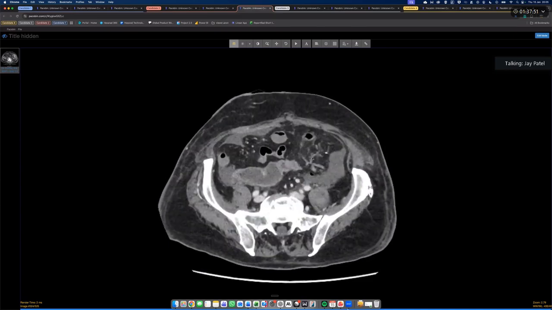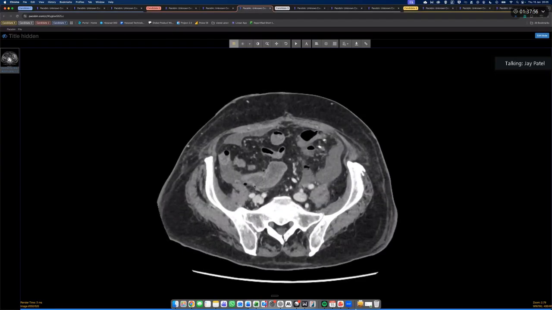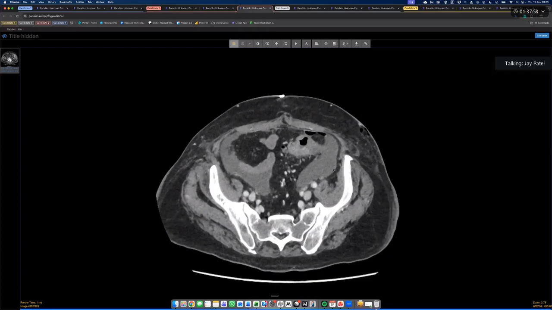You really accurately picked up the peritonitis. I was really impressed by that. So enhancing peripheral peritoneal margin, smooth peritonitis. Now, the only caveat I would say, day 6 post-laparotomy, you may very well end up with something that looks like a peritonitis.